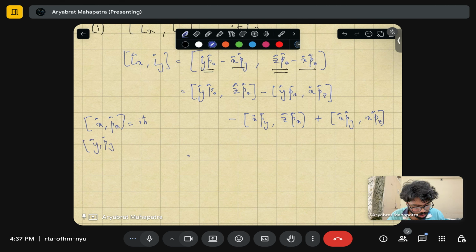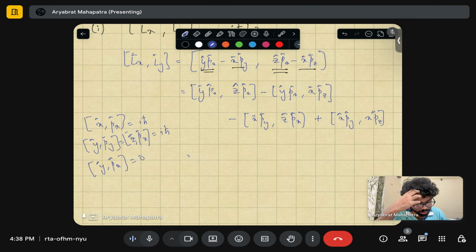So this is basically your Heisenberg uncertainty relation, which means you cannot measure position and momentum simultaneously. But if you measure the y component of the position and the x component of the momentum, this will give you zero, which means you can measure them simultaneously. They share common eigenstates.